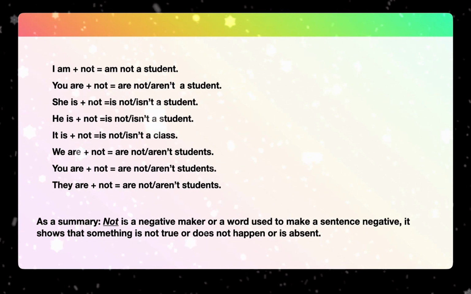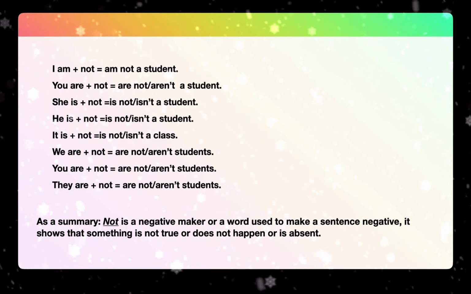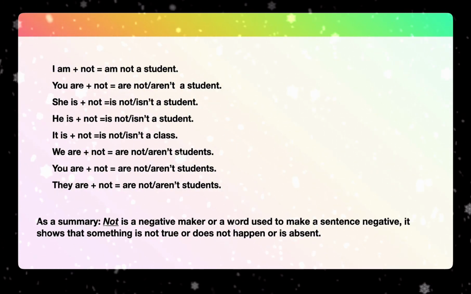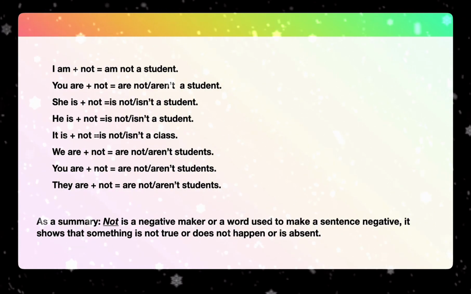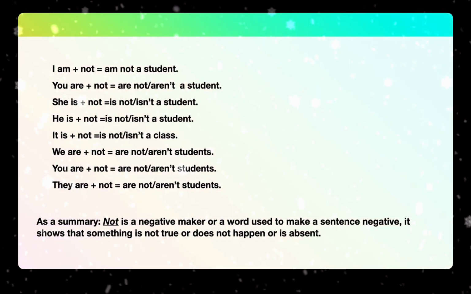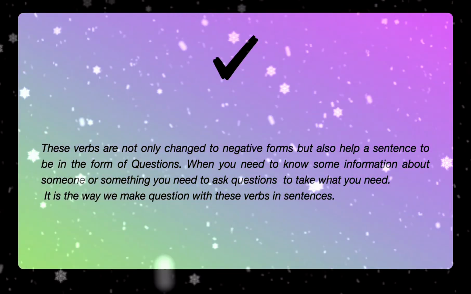As a summary, not is a negative maker, a word used to make a sentence negative. It shows that something is not true or does not happen or is absent, which is really important for us. We can also make questions.